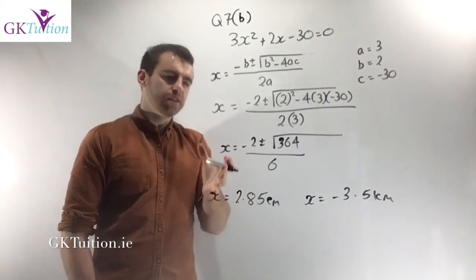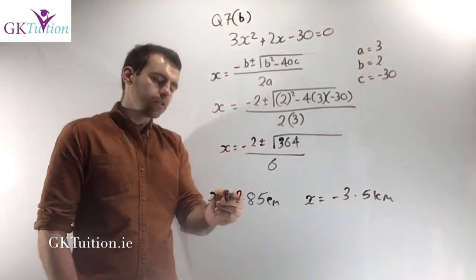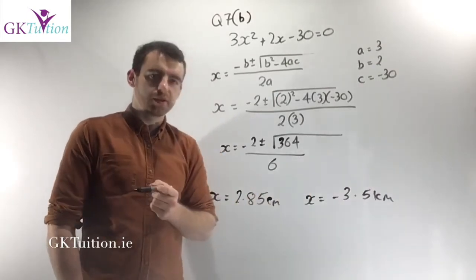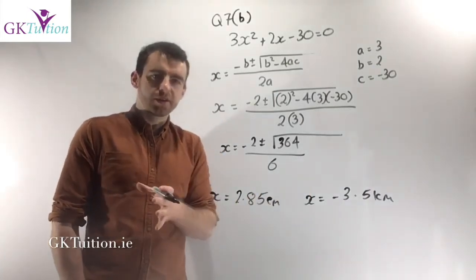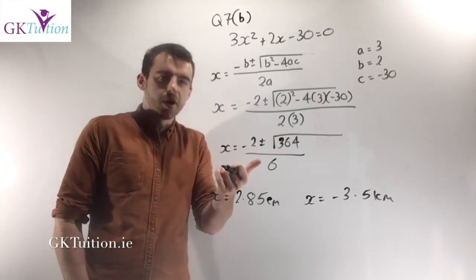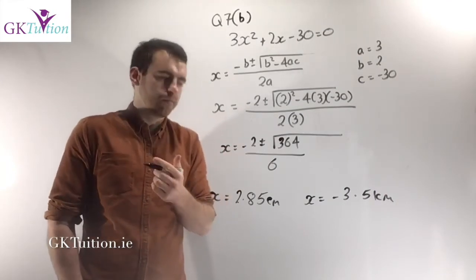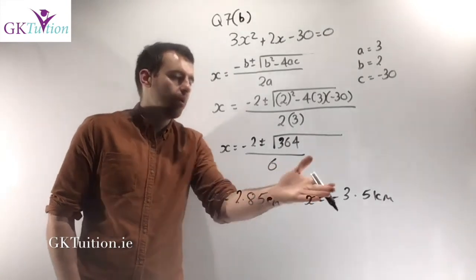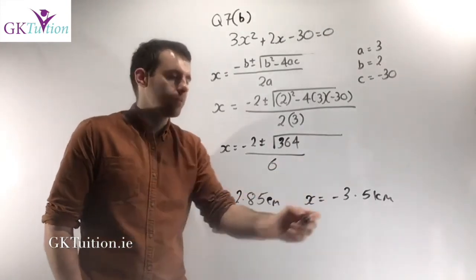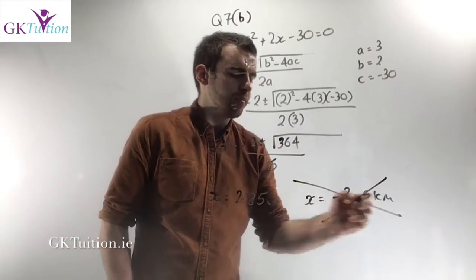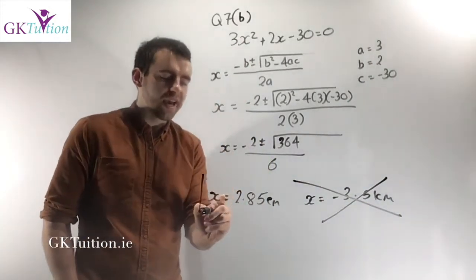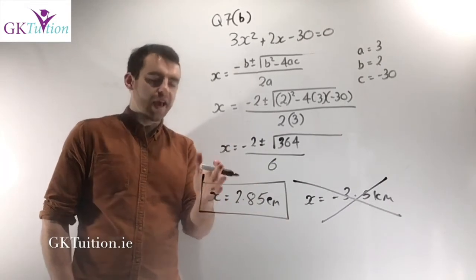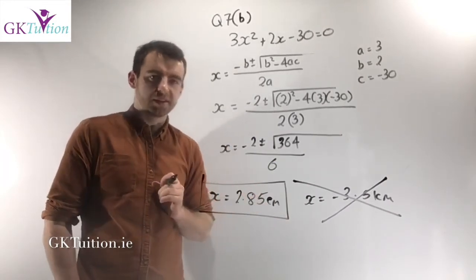If you sub that into your minus b formula, your answers work out as 2.85 centimetres and minus 3.51 centimetres. The reason we're getting two answers is because we're finding the maximum possible volume and the minimum possible volume. Now, obviously, you cannot have a dimension of minus 3.51 centimetres, so that one doesn't make sense. So we eliminate that one. Obviously, the x value for the maximum possible volume is if x is 2.85 centimetres.